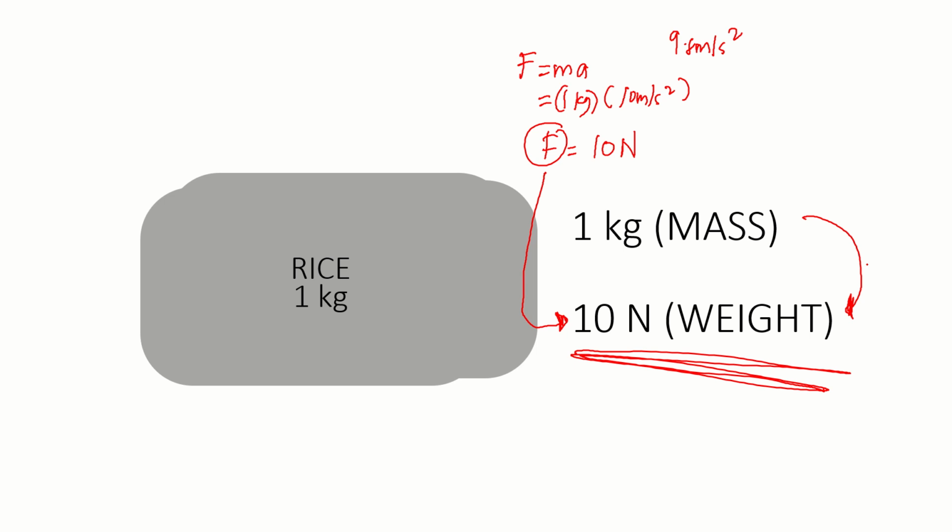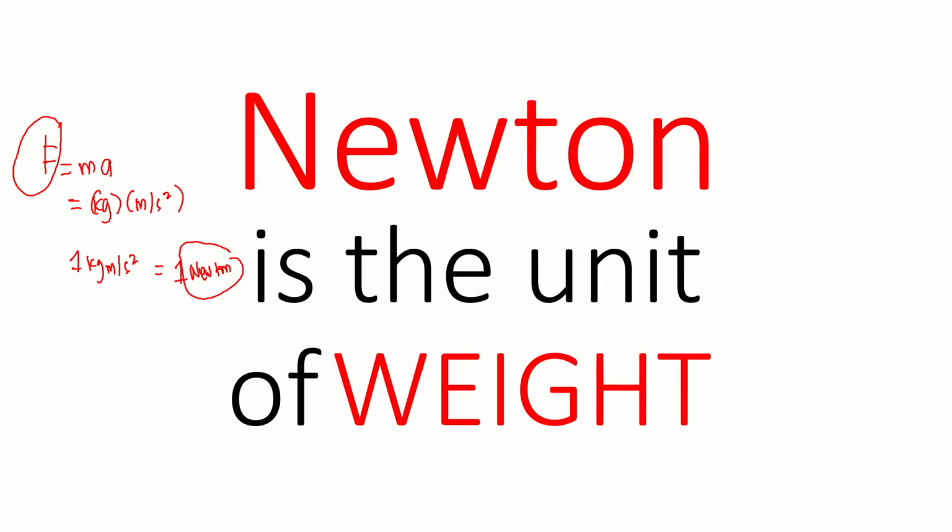However, your weight, because it is affected by gravity, pwedeng mas magaan ka in terms of weight sa moon. Kasi iba yung gravity doon compared sa Earth. Pareho lang ang mass mo, pero yung weight mo which is affected by gravity will differ depending on your location. So I hope this one is clear, okay?